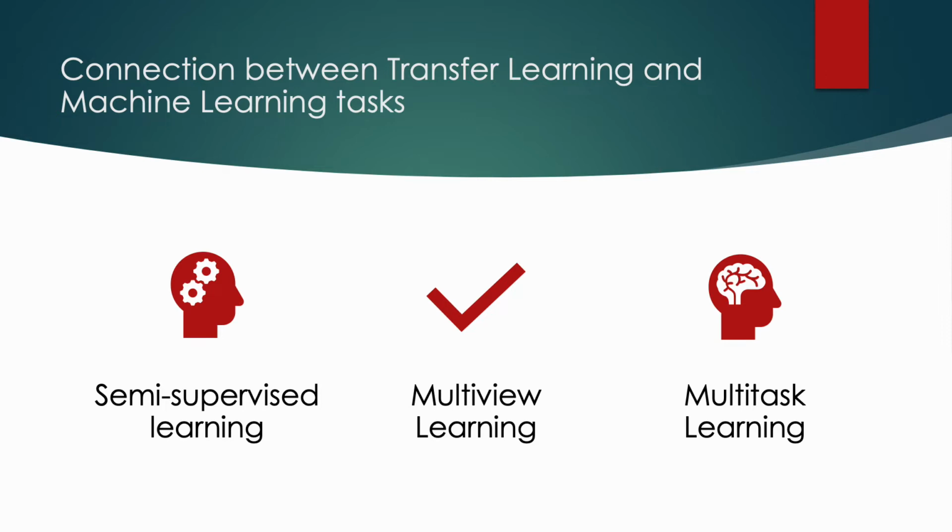So they do have a few similarities. They both aim at improving the learner's performance by transferring knowledge, and they have similar strategies for model construction, such as parameter sharing and feature transformations.